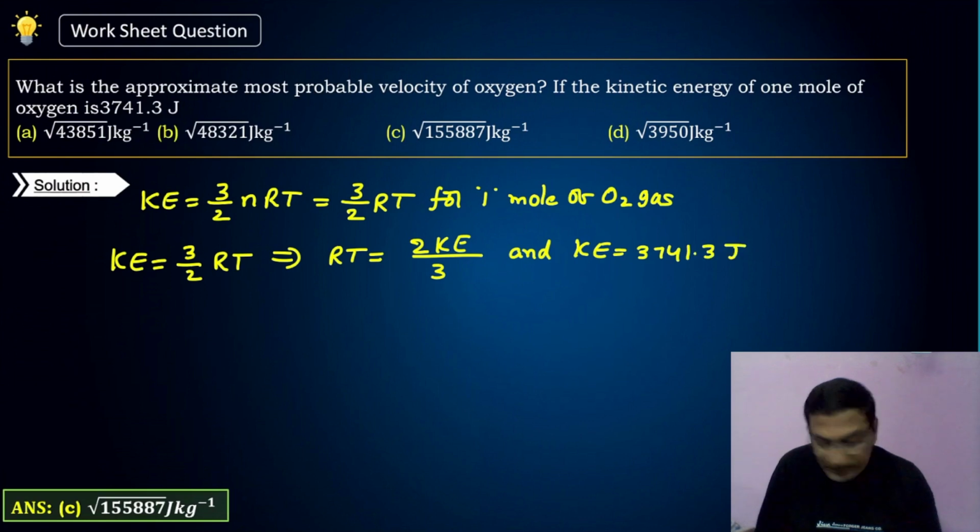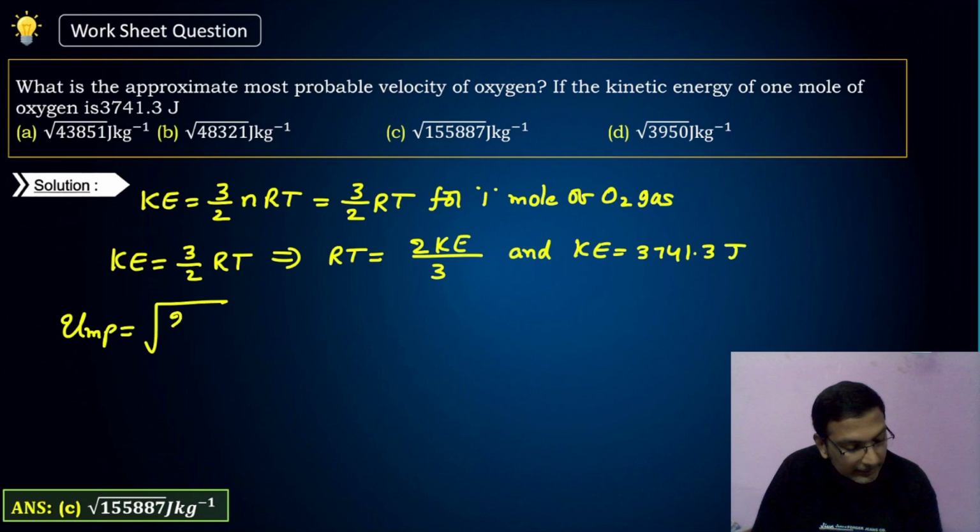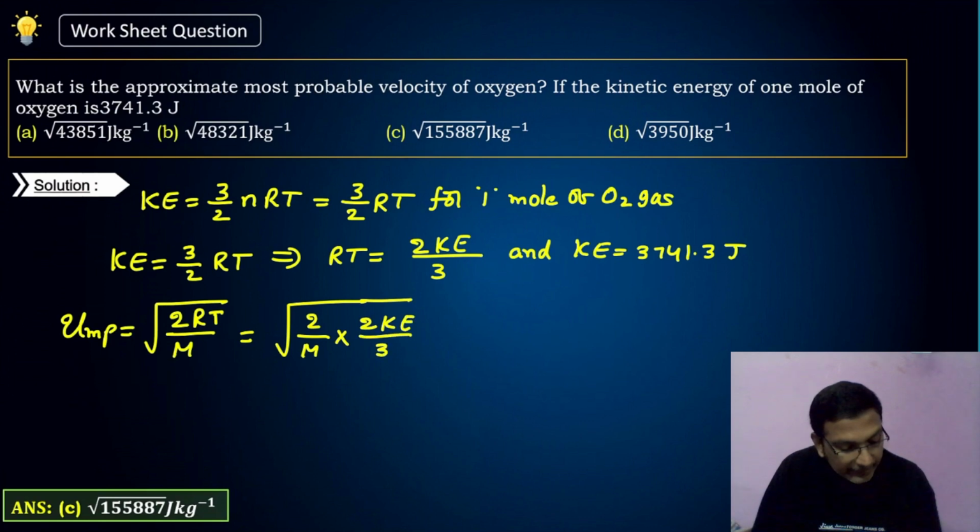KE is 3741.3 joules. Next, most probable velocity UMP equals root of 2RT by M. That means 2 by M into, in place of RT, we can write 2 KE by 3.